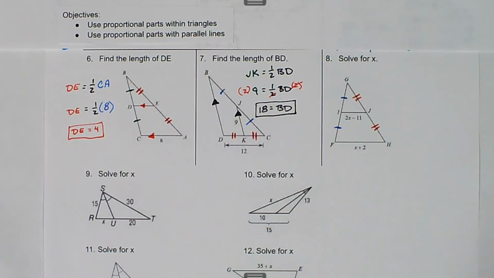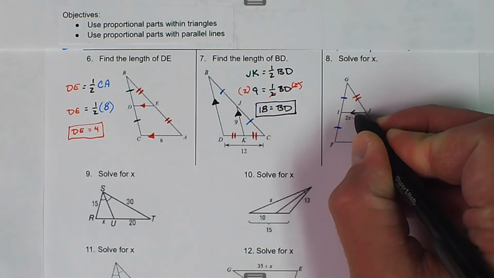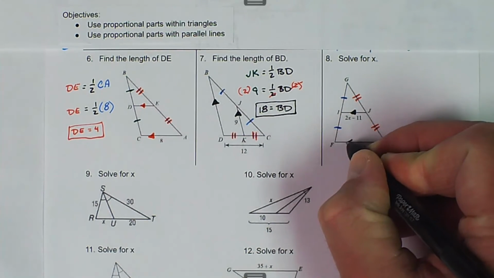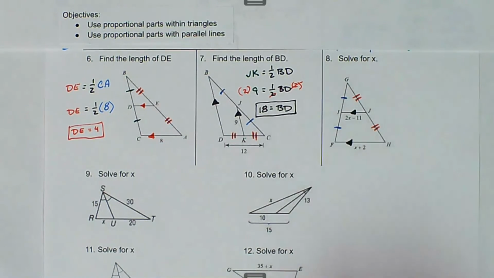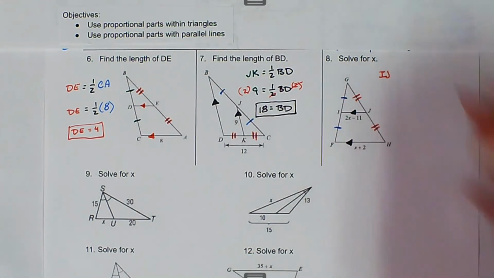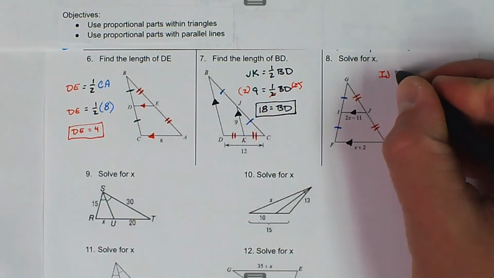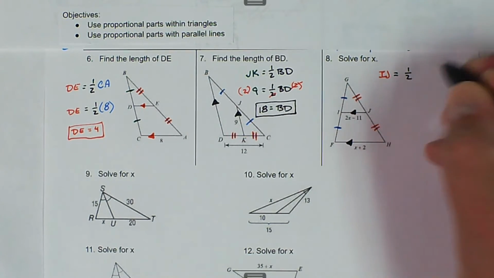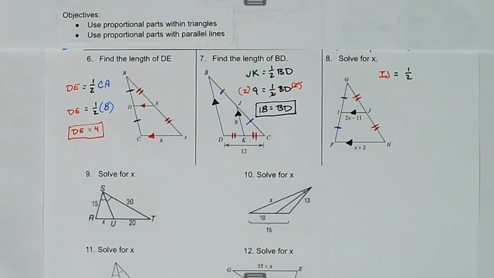And because it's the midsegment, that means that these 2 lines are parallel. And it also means that IJ is equal to 1/2 of FH.